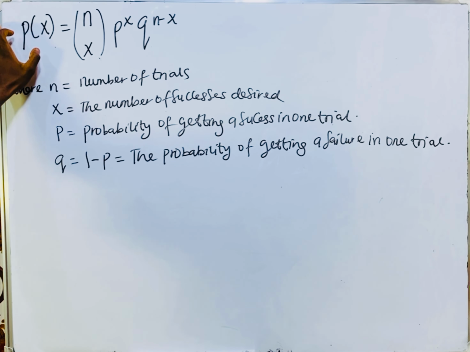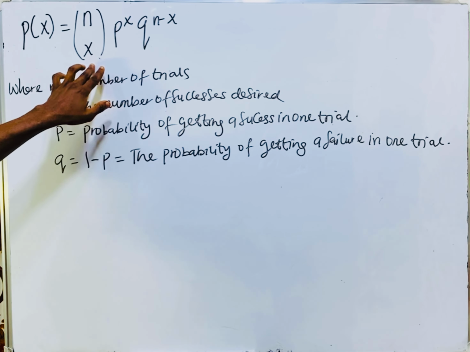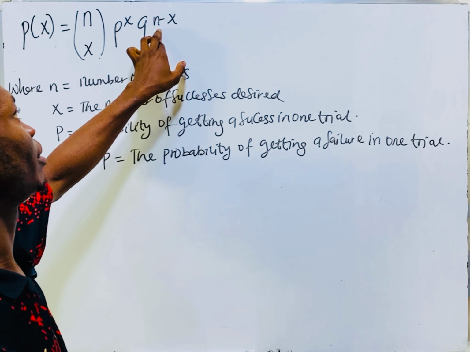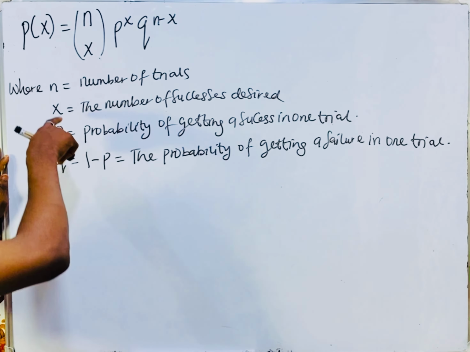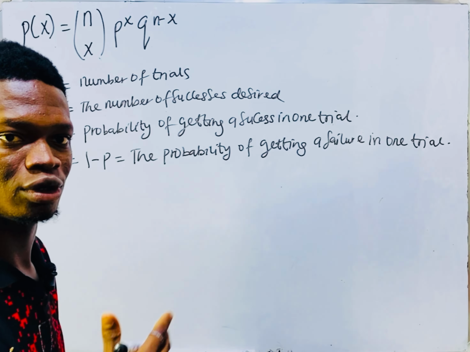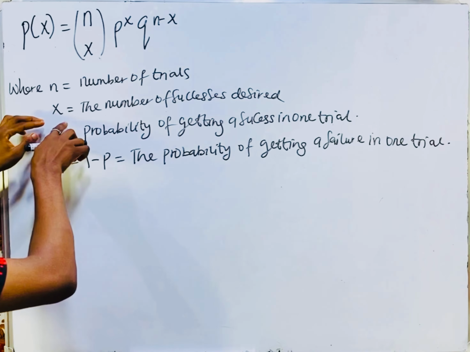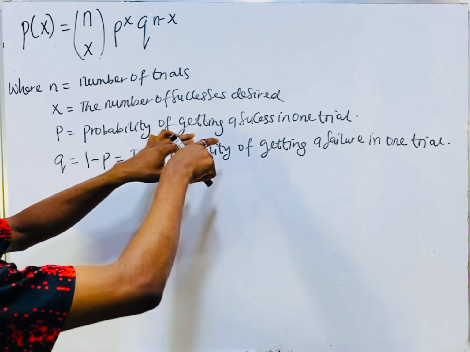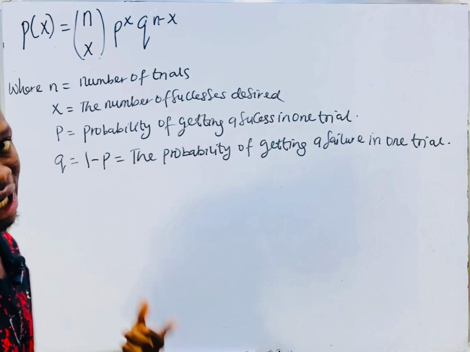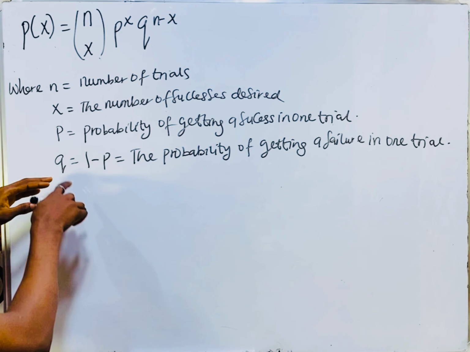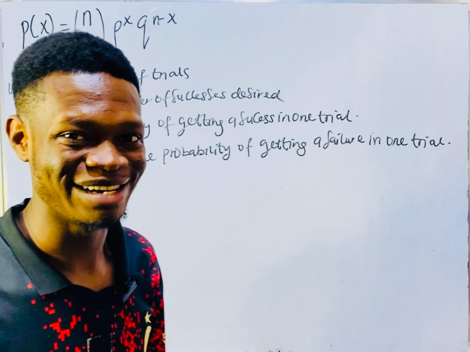So our P of x is equal to n combination x, then p to the power of x times q to the power of n minus x, where n is the number of trials. It depends on the number of times you perform the experiment. Now x is the number of successes desired. Now p is the probability of getting success in one trial. So since we know that p is success and q is failure.